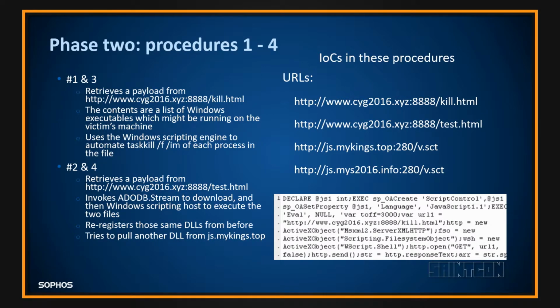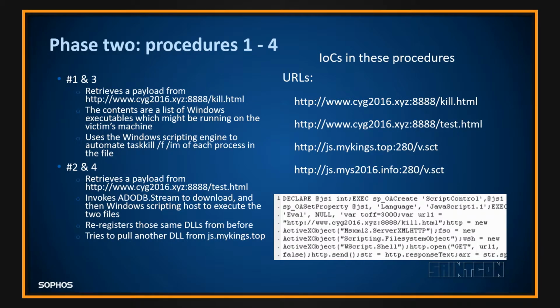It wants to kill them off so that it doesn't leave traces of its activity behind, or get stopped by one of these endpoint AVs. So it walks through the Windows scripting engine and does taskkill /f /im on each one of these things, all down this giant list.